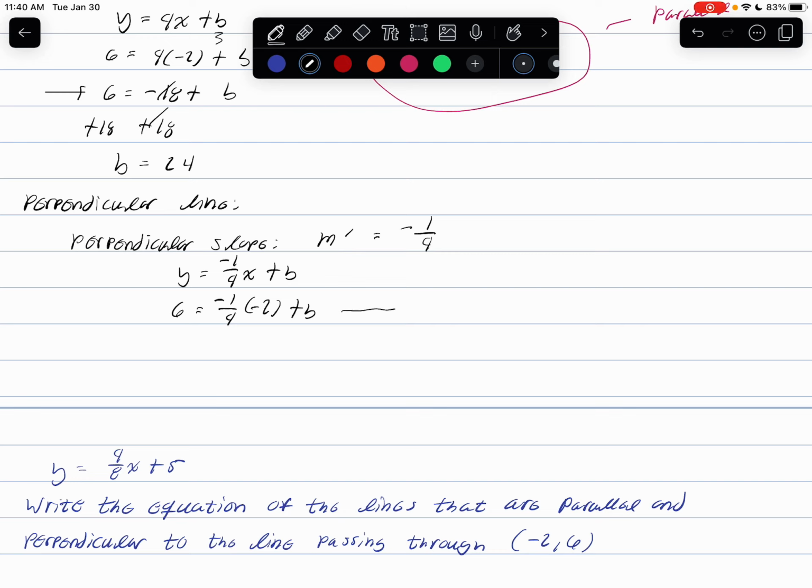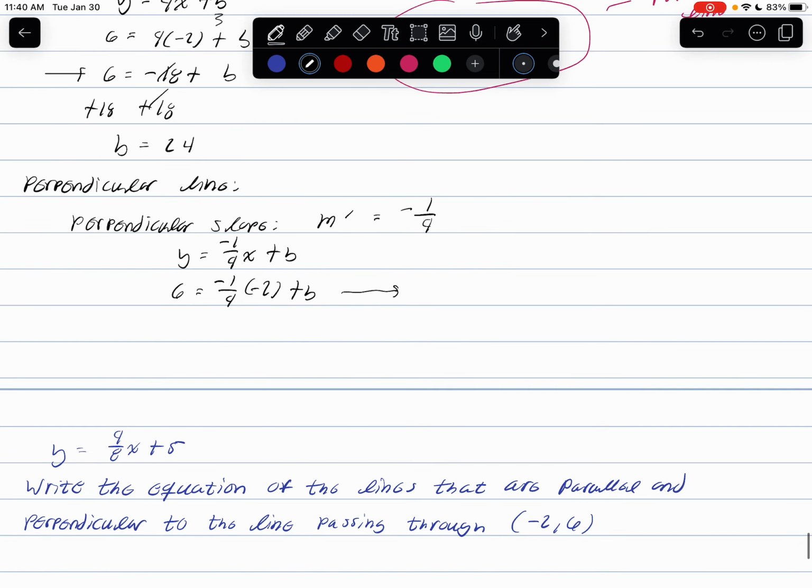This is going to give us 6 is equal to positive 2 ninths, because we're multiplying negative 1 over 9 times negative 2. So we'll have positive 2 over 9 plus b. We can take away 2 over 9 from both sides.